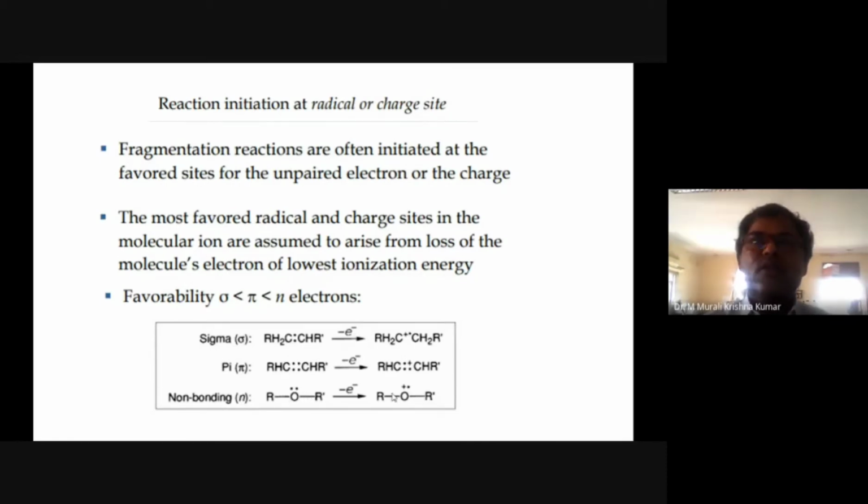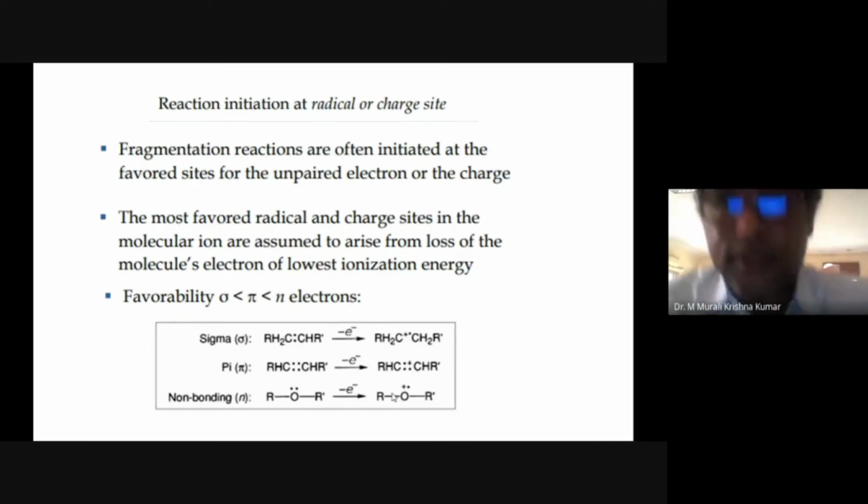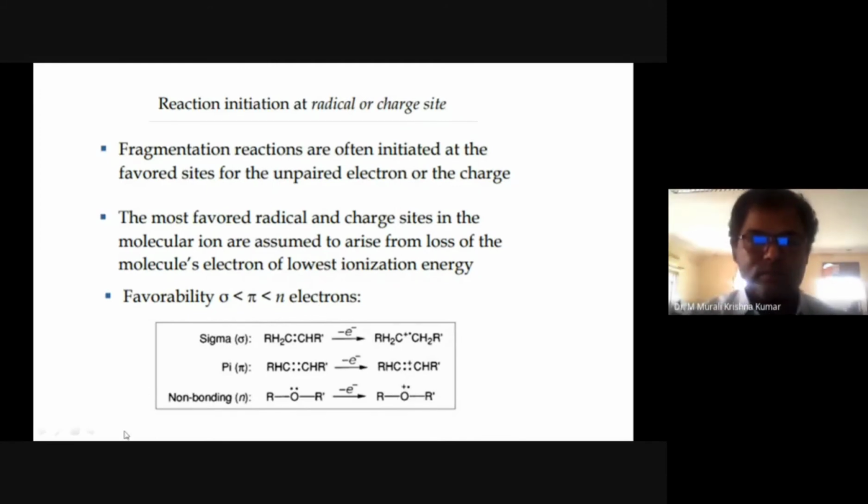Whenever you are asked to locate the probable ionization center for a molecule, or to predict the fragmentation pattern of a given structure, maybe as simple as cholesterol, we can predict the ionization center by looking at the type of electrons present.